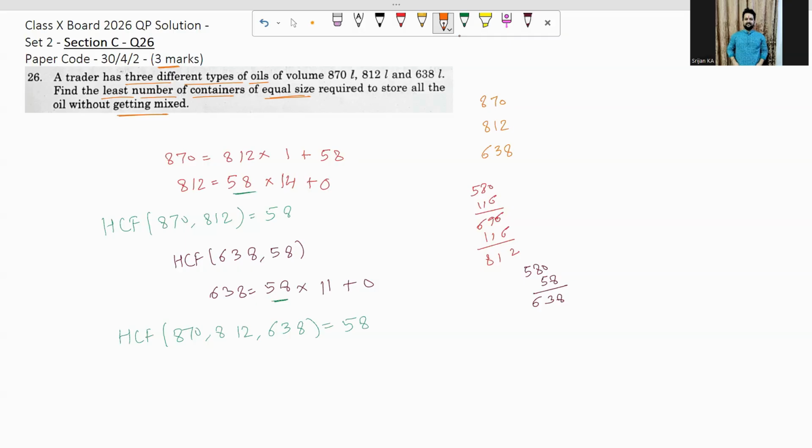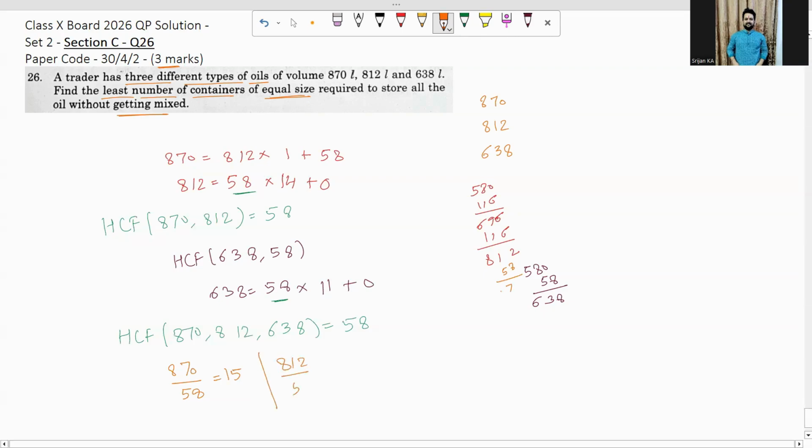So what you have to do is 870 divided by 58. 812 we reached by 14, so by 15 we should reach 870. Yes, so this is 15 containers for 870 liters.